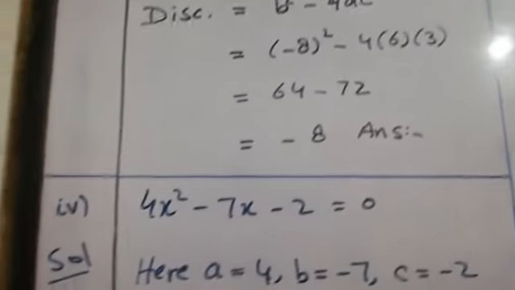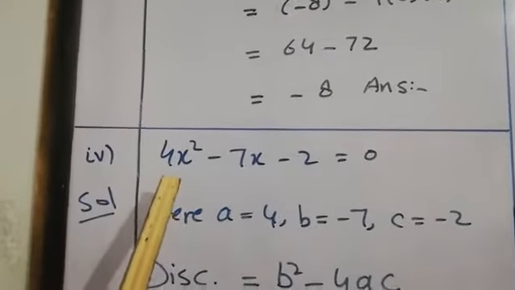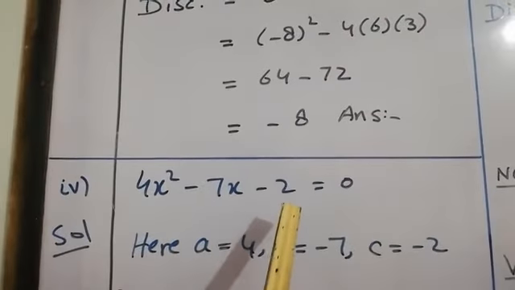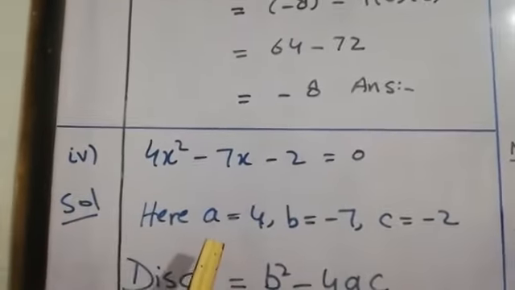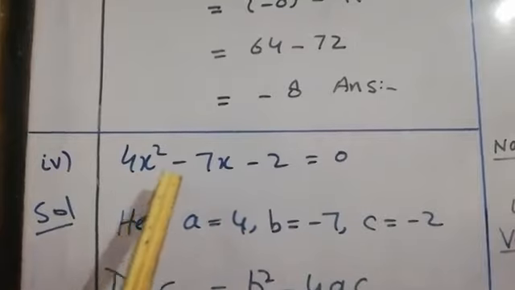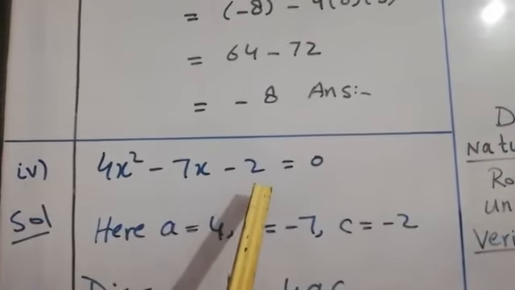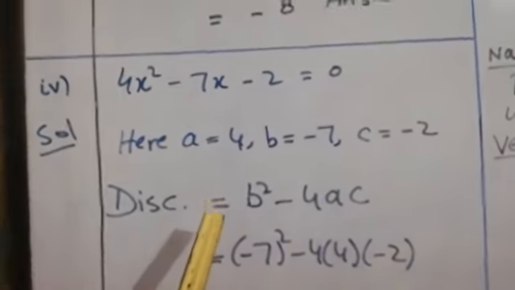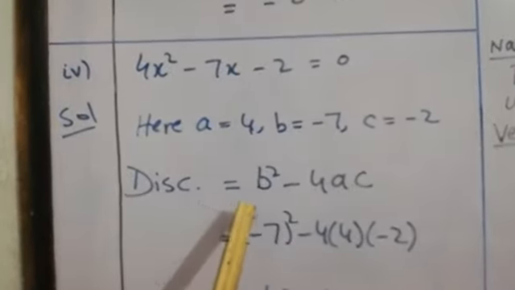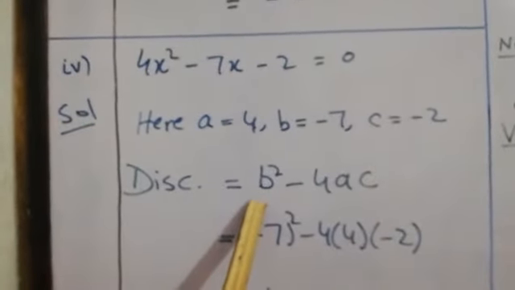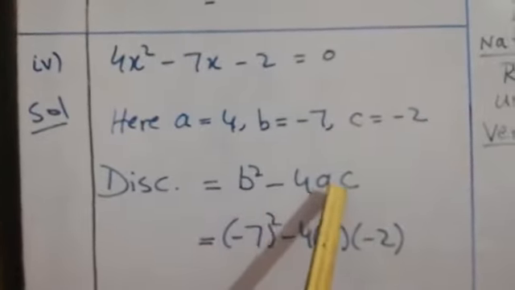Okay, and part number 4: 4x square minus 7x minus 2 is equal to 0. Here a is equal to 4, b is equal to minus 7 and c is equal to minus 2. So we will find the discriminant by putting the values in the formula b square minus 4ac.